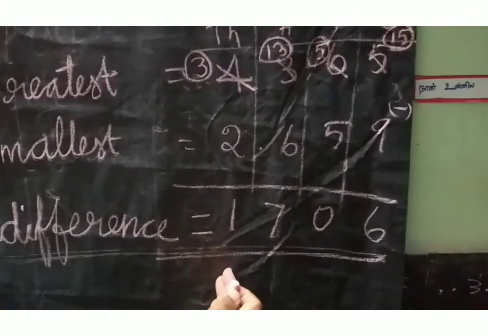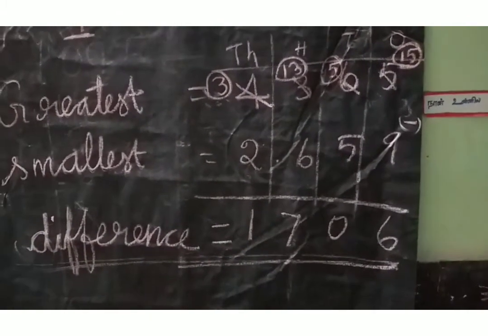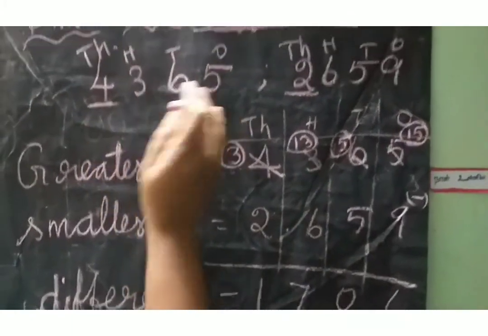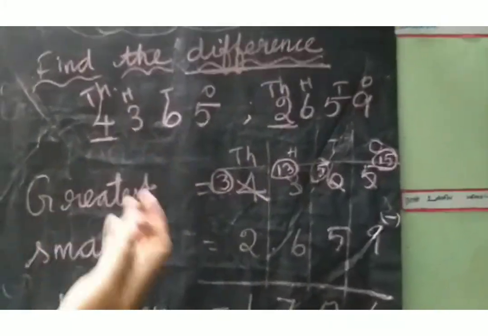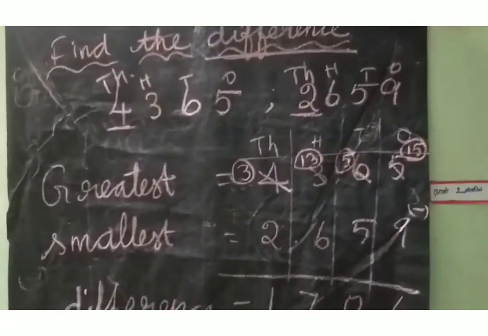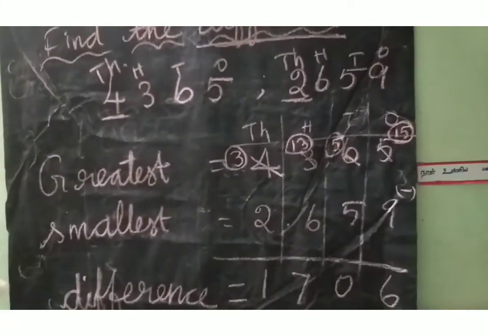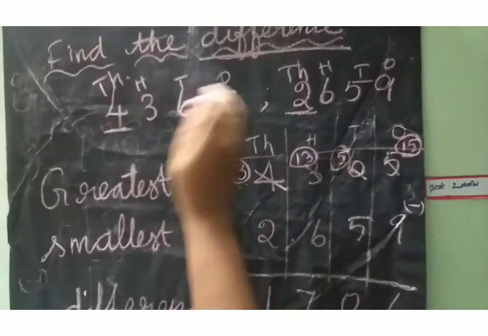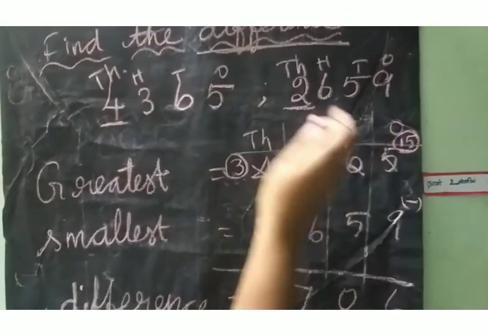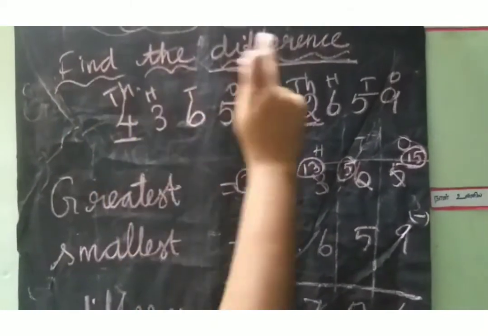So listen again, I'll tell, listen carefully. Sometimes they give two numbers and don't give any symbol, that is no minus symbol or plus symbol. They give two numbers only, and the sum is find the difference.